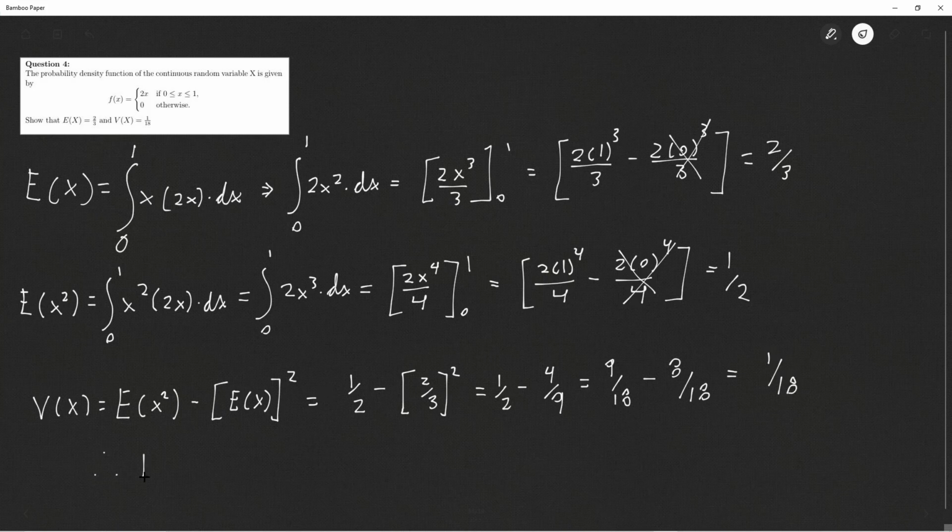So therefore our expected value is equal to 2/3, and our variance is equal to 1 over 18.